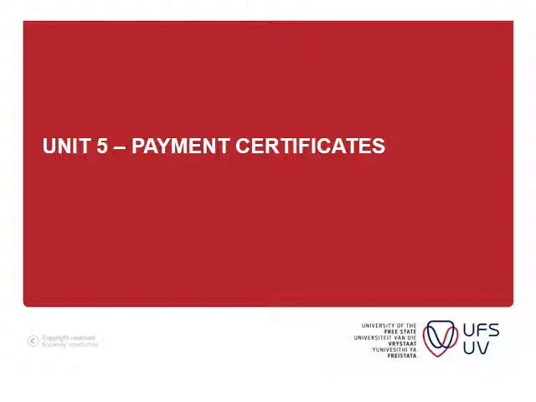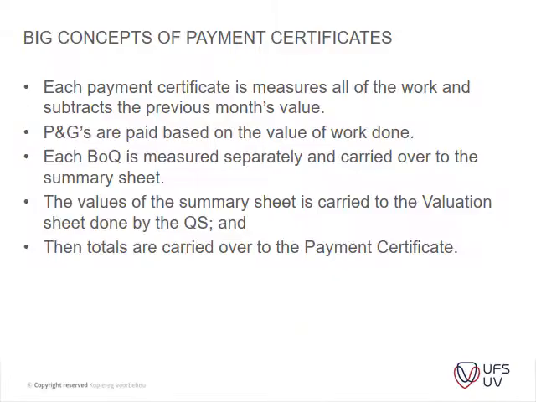So before we go through the payment certificates, there's a few concepts that I want you to take note of. The big concepts. The first thing is, whenever you're confronted with a payment certificate, you will have a couple of items that you need to look at. Firstly, you have to know that each payment certificate is basically a measurement of all of the works.